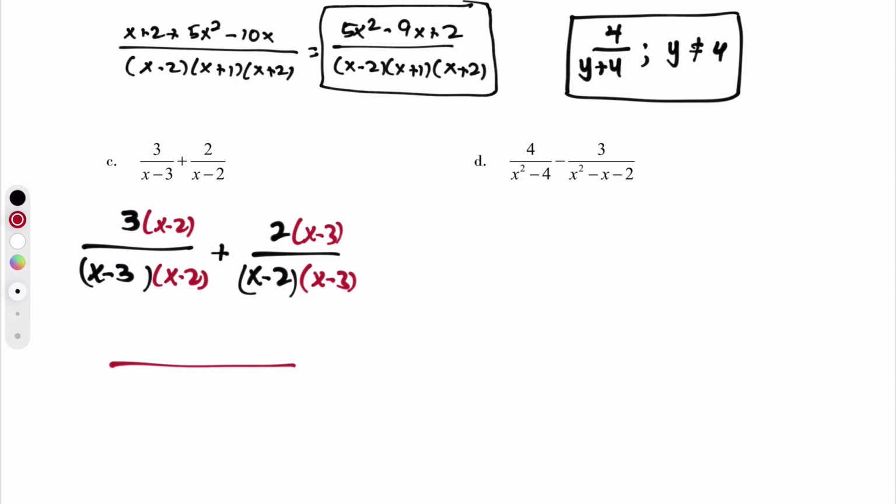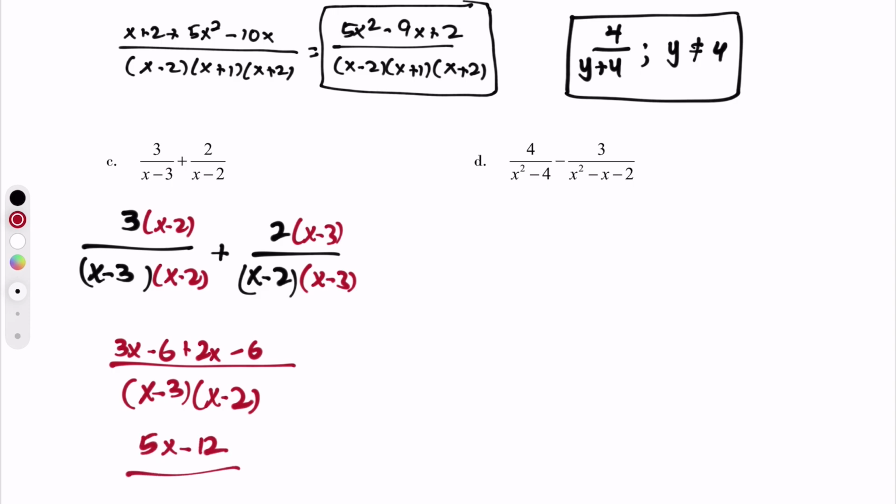Therefore, my new denominator is x minus 3, x minus 2, and my worked out numerator is 3x minus 6 plus 2x minus 6. Altogether, that is 5x minus 12. I'm not going to combine the denominator, and that numerator doesn't factor. So we're good.